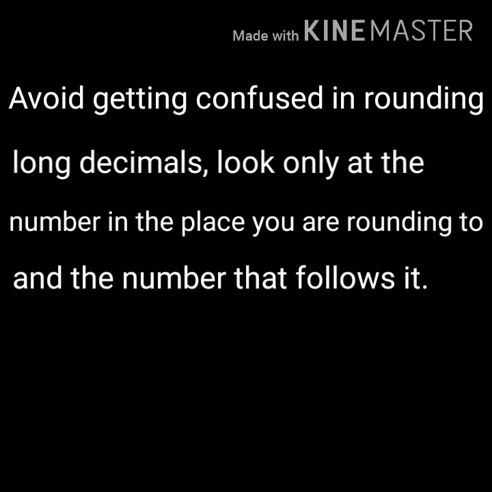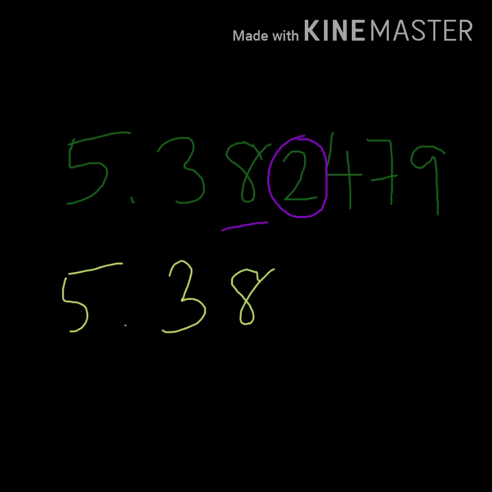For example, if you want to round off 5.382479 to the nearest hundredth, just look at the number in that hundredth place, that is 8, and the number that follows it, 2, then you can easily round it to 5.38, and you can omit all the digits after 8. So whenever you are taking long digits, no problem, whichever place you are going to round off, that place alone you have to focus on.